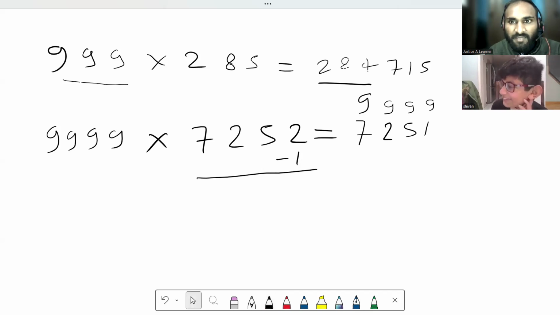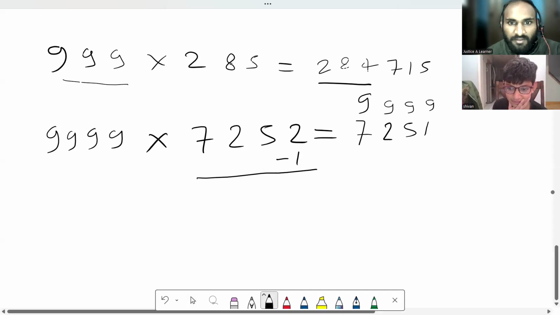Can you tell me the second part now after this? What will be here? 9 minus 7 is equal to 2. The next one, 9 minus 5.